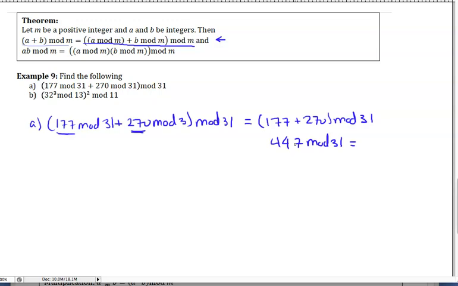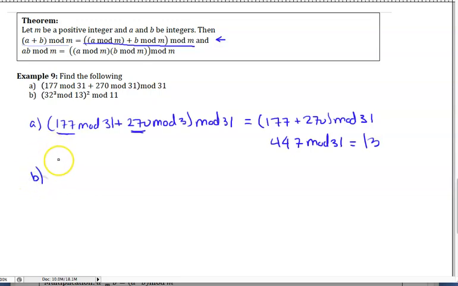If I do 447 minus 14 times 31, that gives me a remainder of 13. So the remainder of that division is 13. Sometimes it simplifies the process, like if you have big numbers, to use one form or another, it simplifies working with mod.